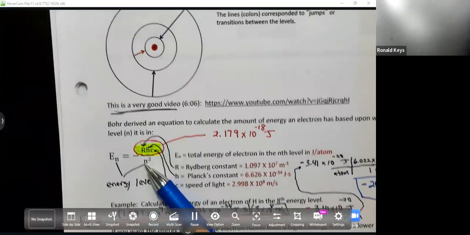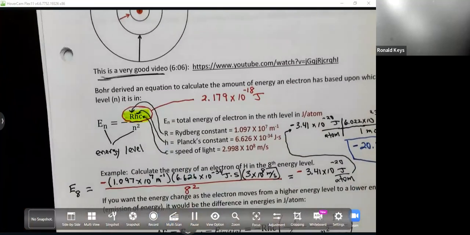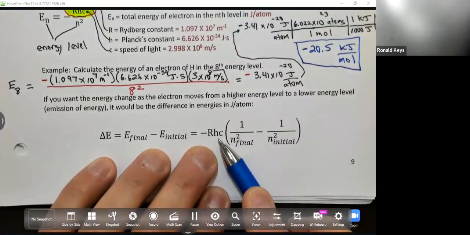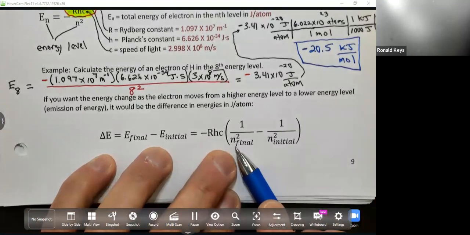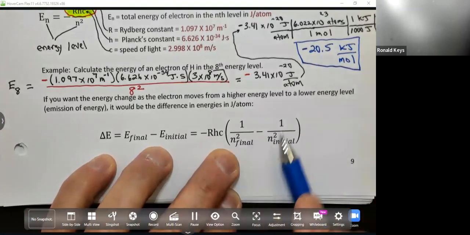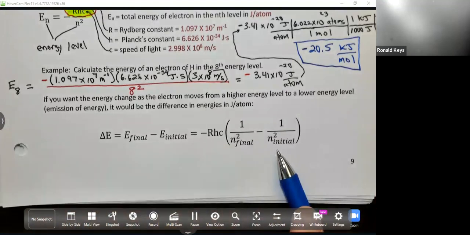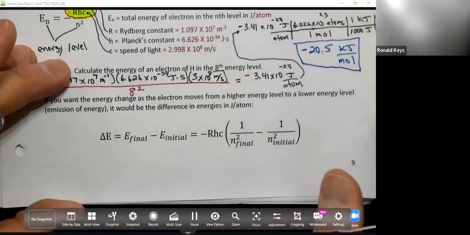So if you wanted the change when it goes up or down, all we have to do, this is a constant, we can factor it out. It's the final level minus the initial level it started. So that would be your change in energy. So we'll do that on the next page here.